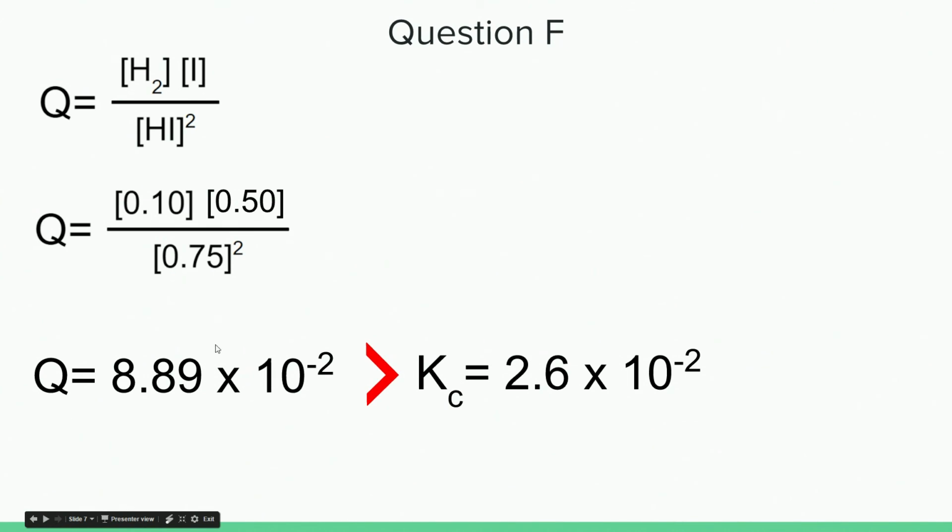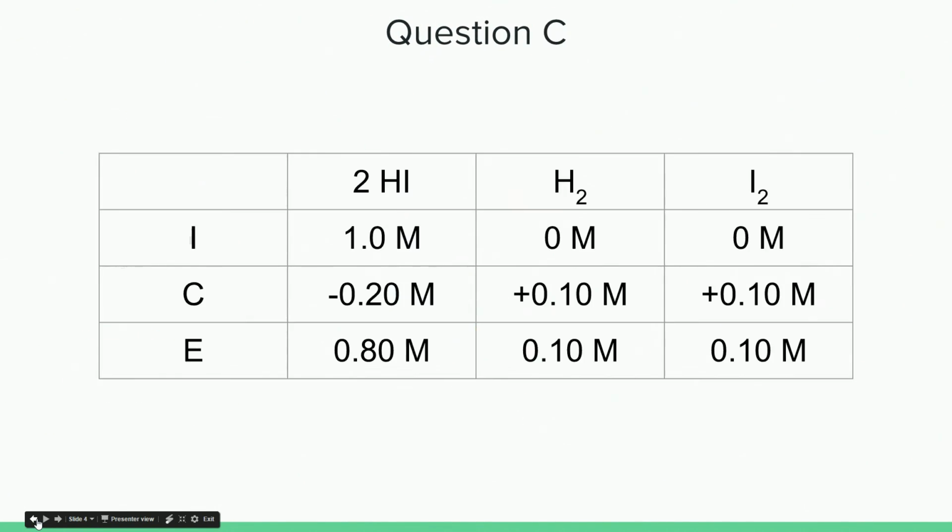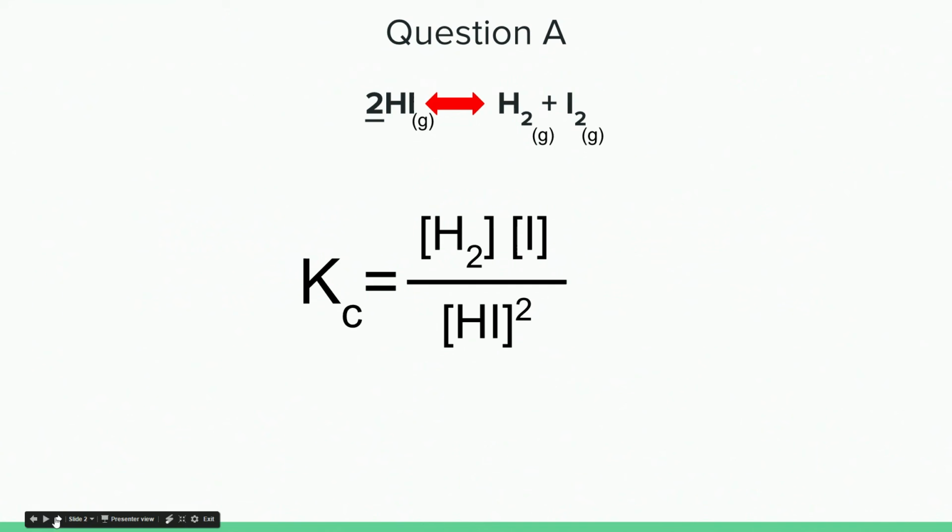As you can see, the Q value is larger than the K value. If Q is greater than K, then the system is obviously not at equilibrium. So the system will shift left to help get to equilibrium. Since it will shift left, that means it will shift in favor of HI. So the concentration of HI will be greater than the initial concentration.